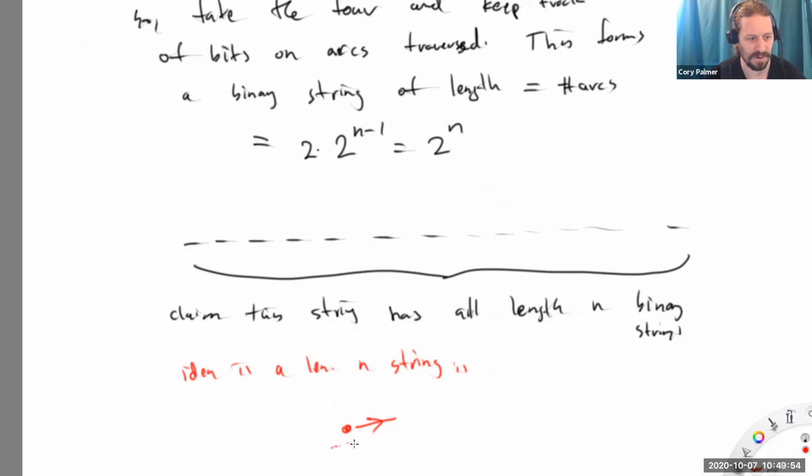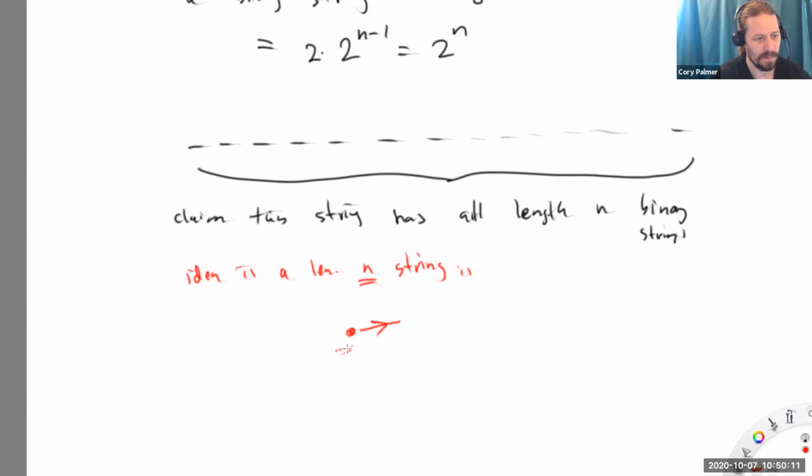It's a length n-1 string plus 1 or 0. Every single length n string appears in my graph of this form. It's a length n-1 string and then add on a 1 or a 0 depending on what my string is. They all appear in that form, okay? So that's fine, but how do I actually still show that that thing appears here? Well, I'm going to do this by example. So say I have 1, 1, 0, 0, 1, 0, 1.